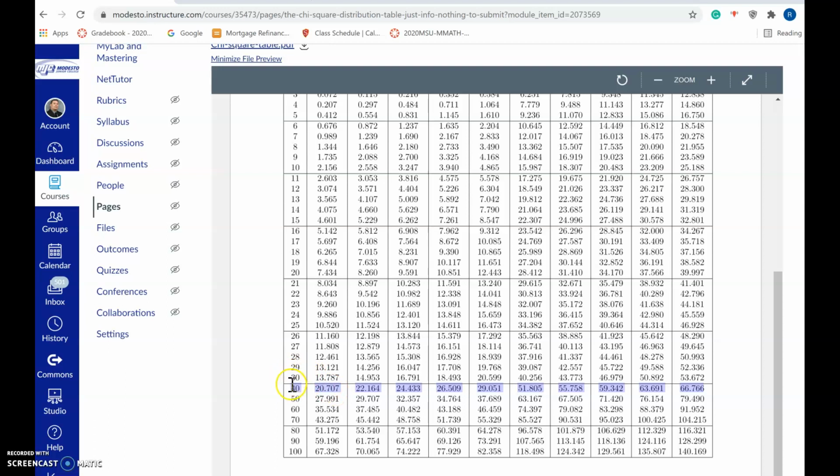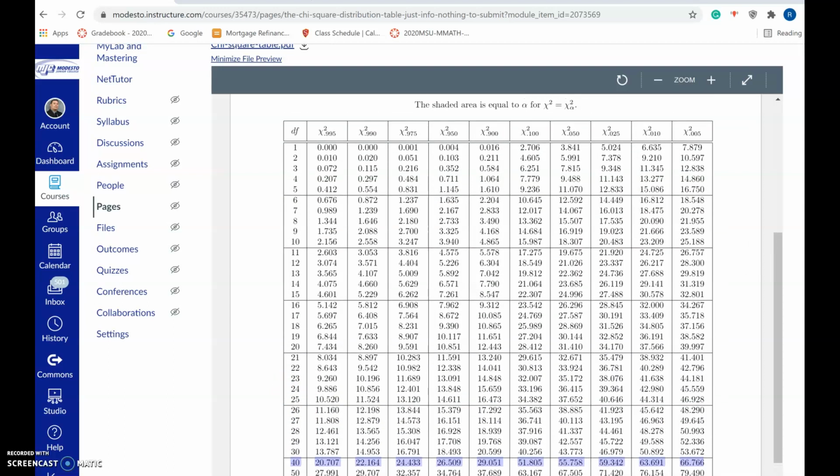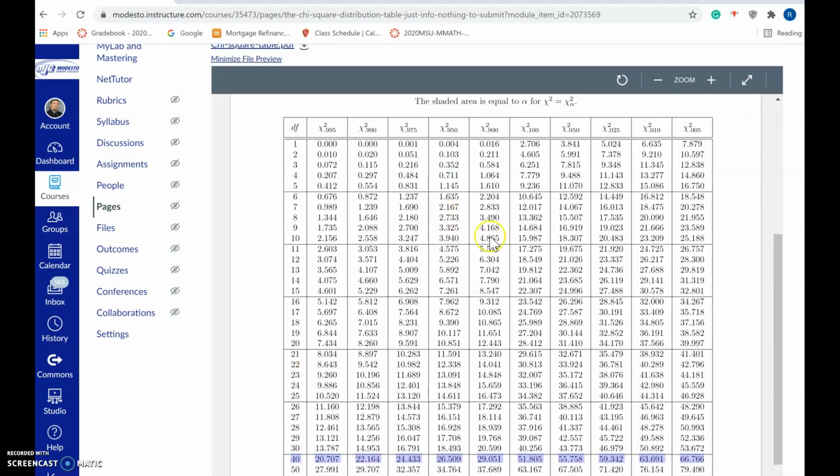You're either using 30 or 40, or the closest one of those two to 39. So we would be using 40. That's the closest one to it. And then the total area for the one on the right is 0.025. So the actual critical value would be 59.342.